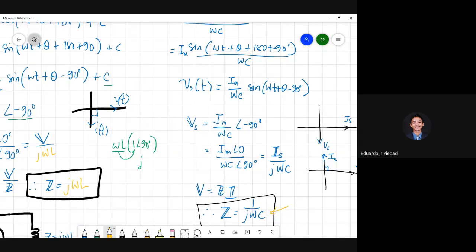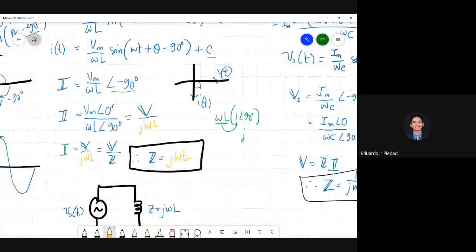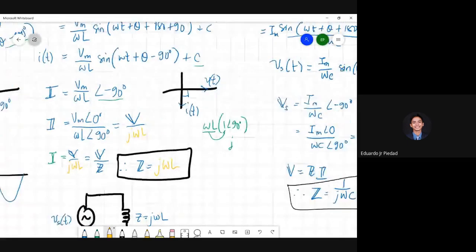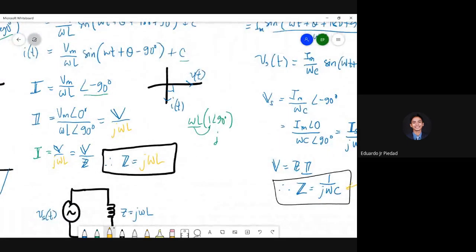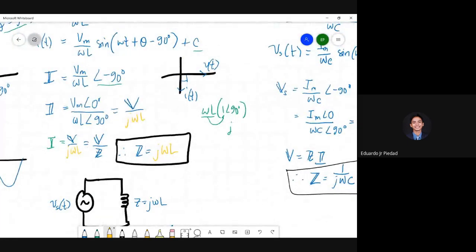Okay, the same is true for the inductor. For the inductor, they are out of phase by 90 degrees because of the presence of an inductor. So inductor is simply to delay the current. So you can imagine a current flowing here, and because it is a coil of wire, the current is delayed by 90 degrees.